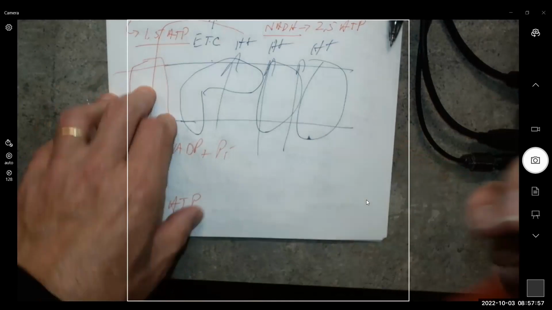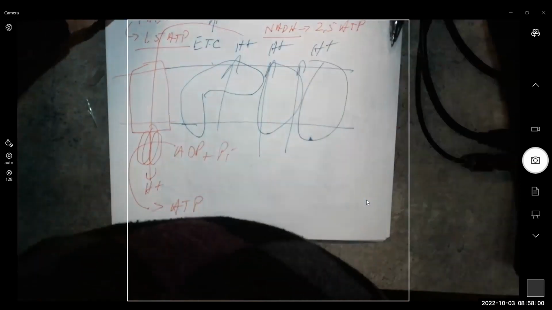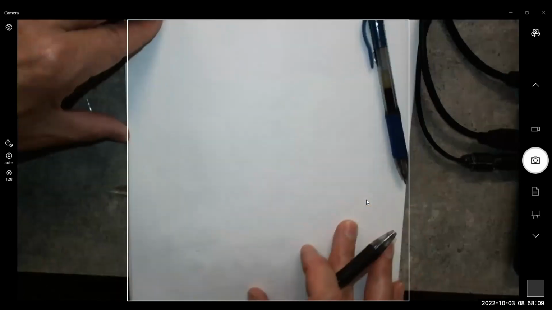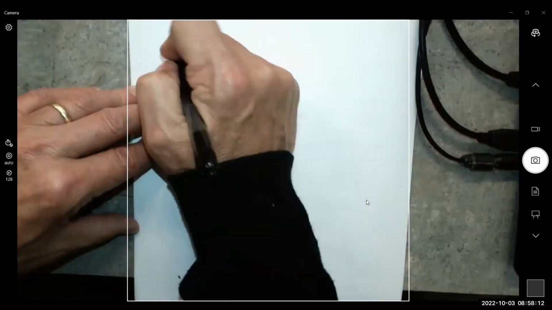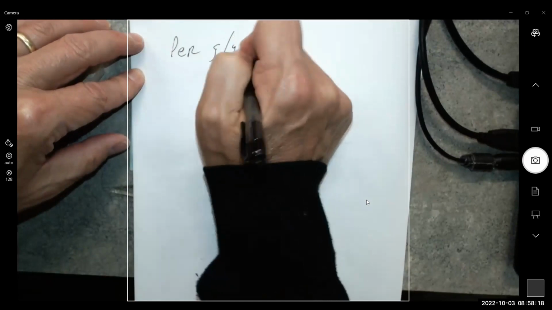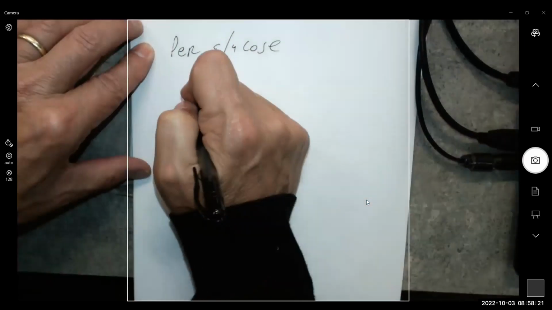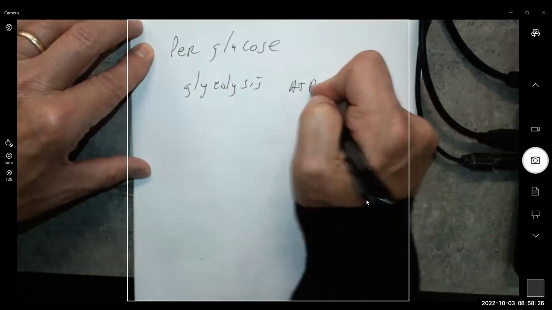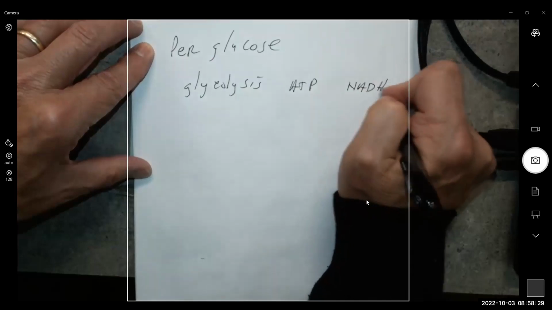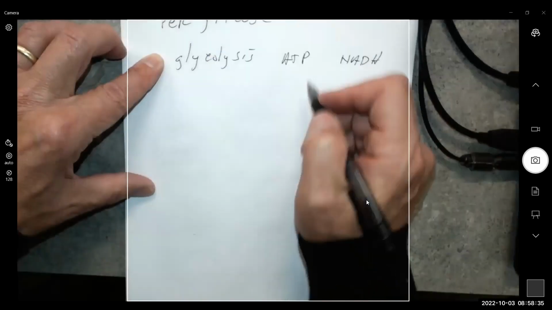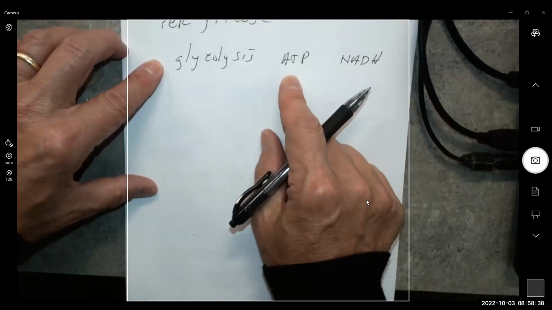So from this, let's do a little back of the napkin calculation now. So per glucose, how many ATP do you make per glycolysis per glucose?